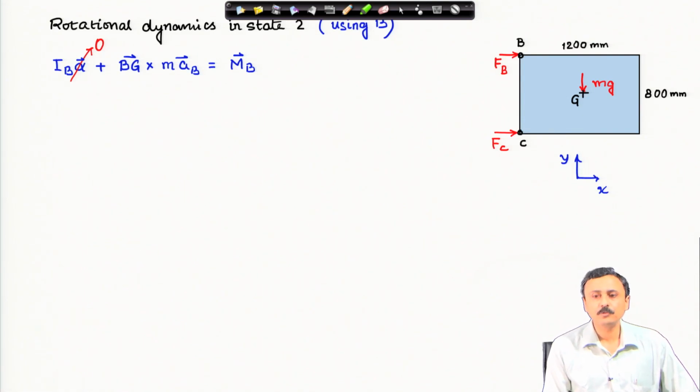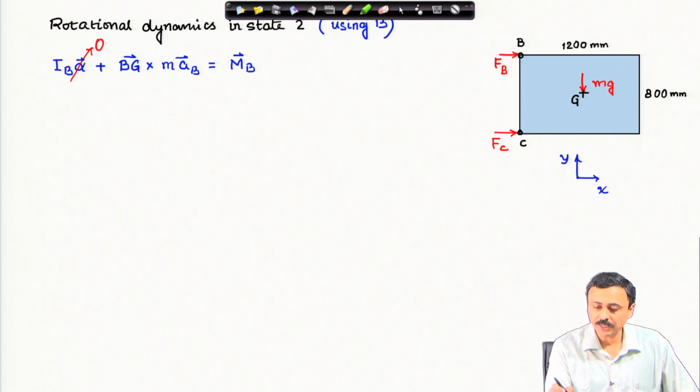Next, we move to determine the force in the member that connects at C, the member DC. For that, I am going to write the rotational dynamics of this plate in the second configuration, or state 2, and I will use the point B. Why do I use the point B?